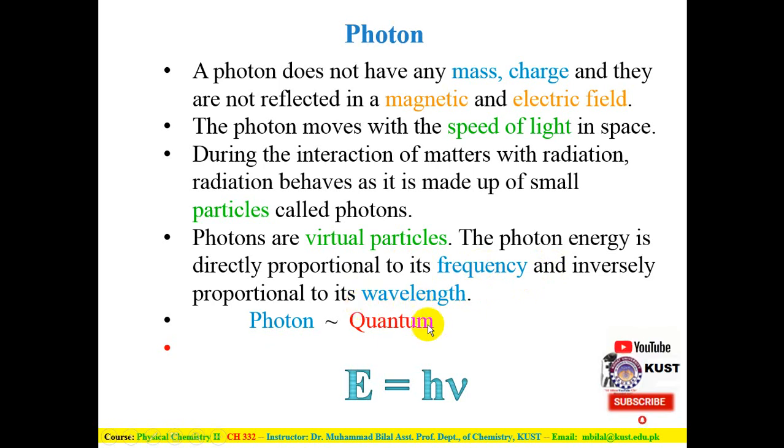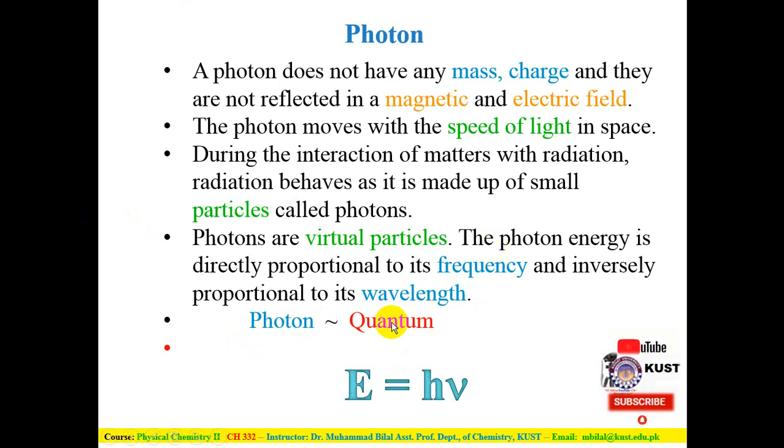So Max Planck's idea gave the name quantum to this tiny particle, and Einstein gave the name photon to this tiny particle. Here I mention some differences between Planck's idea and Einstein's idea.